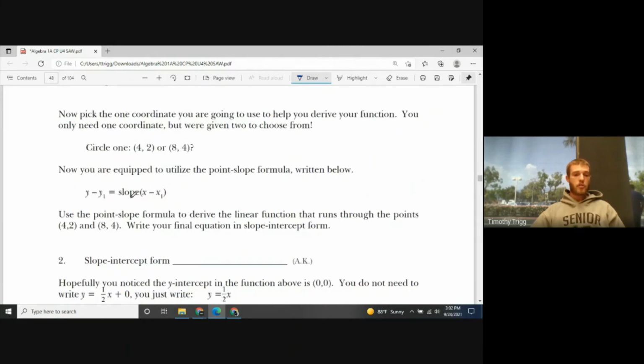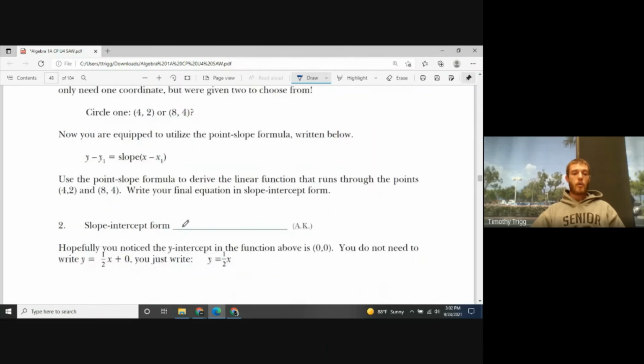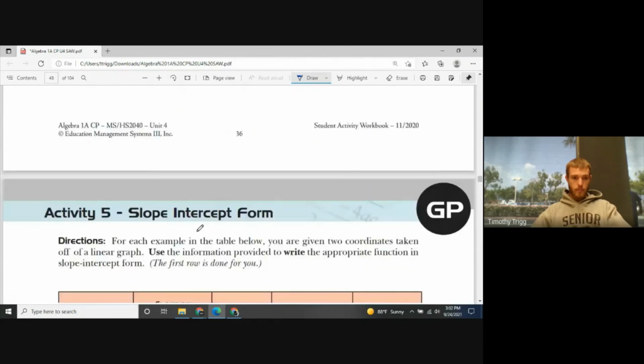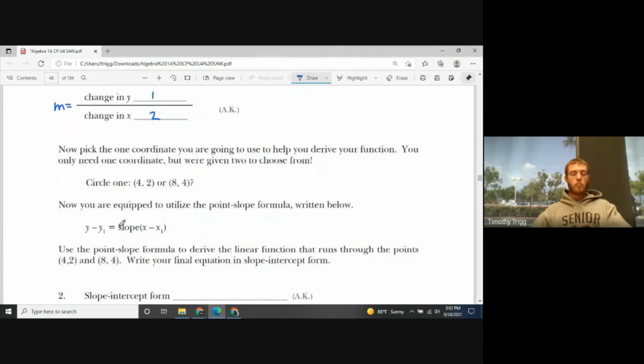So now that we have our slope, we can write our equation in slope intercept form. Now we could use either point that we like. I guess we're going to use point slope formula here. We could use the 4, 2, or we could use the 8, 4.